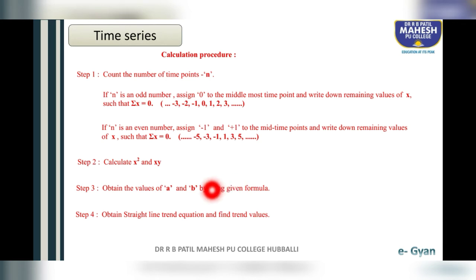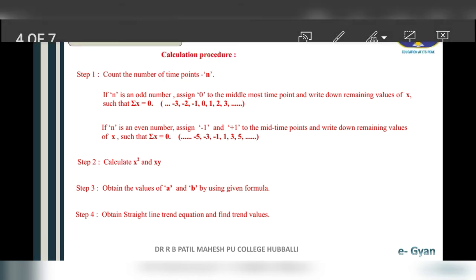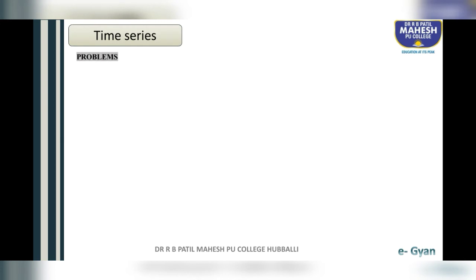The last step is to obtain the straight line trend equation and find the trend values. These are the steps to remember to find the straight line trend equation. Okay students, with this, let us take one example.